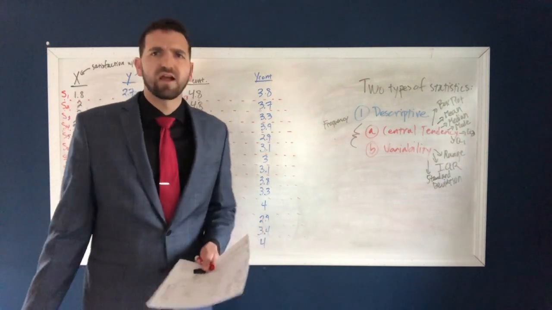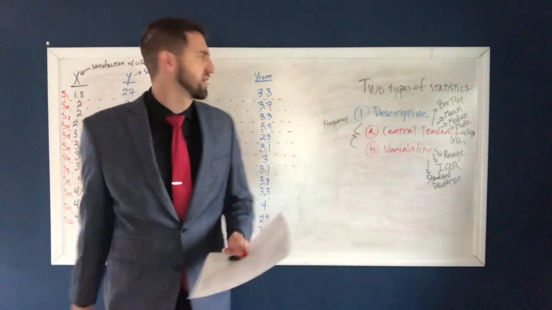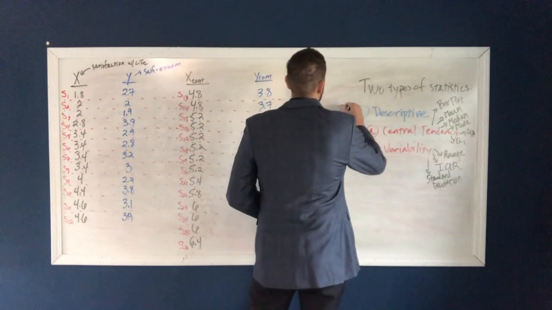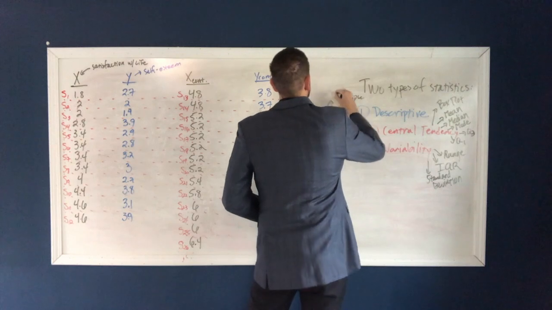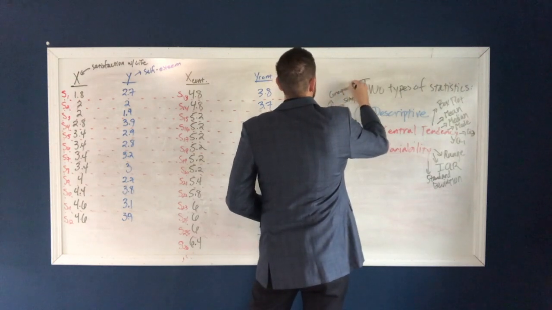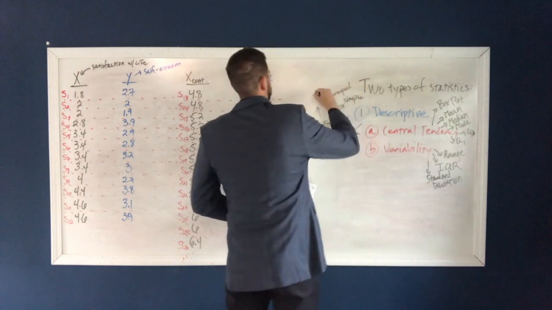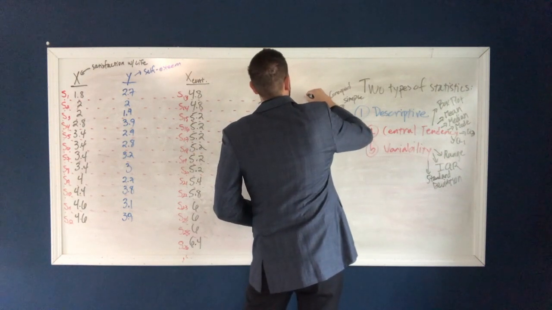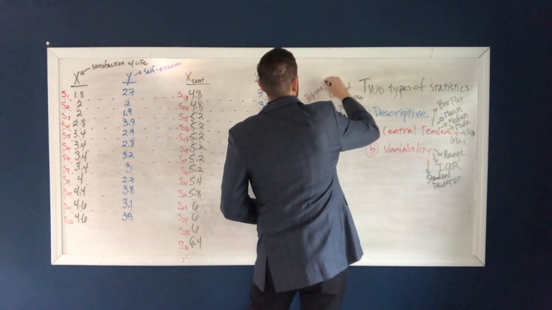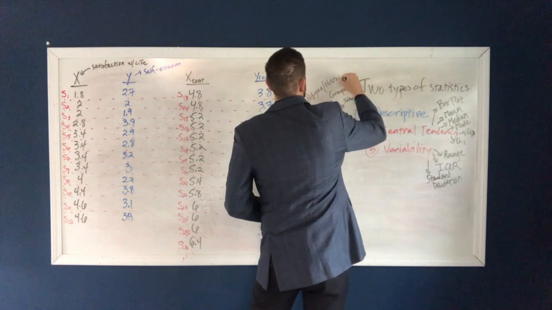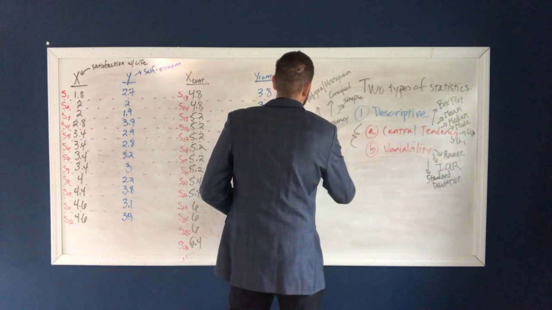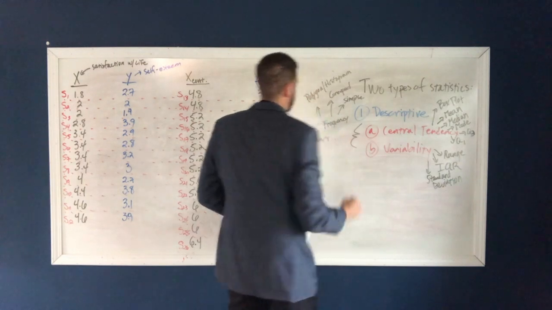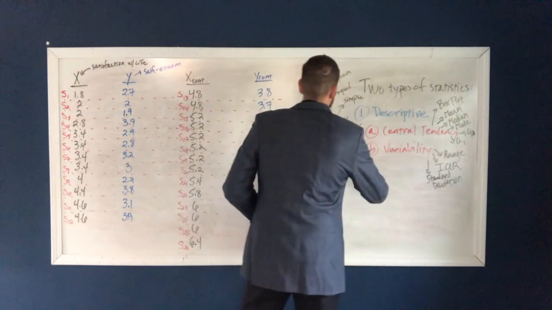And you can also figure out variability, which has to do with spread. But in frequency, we talked about simple frequency, grouped frequency, frequency polygon and histogram, the bar chart, or the bar graph, and relative frequency.